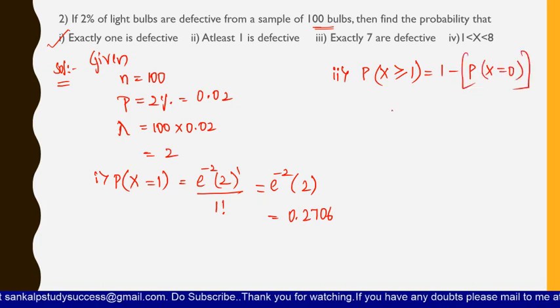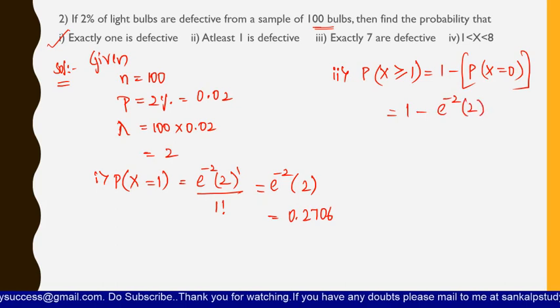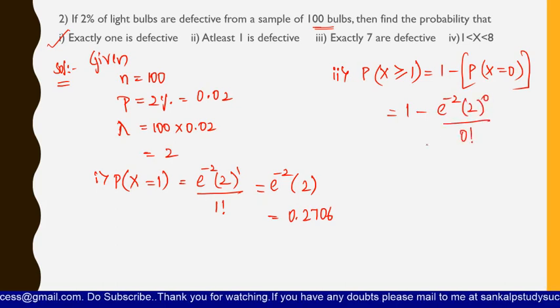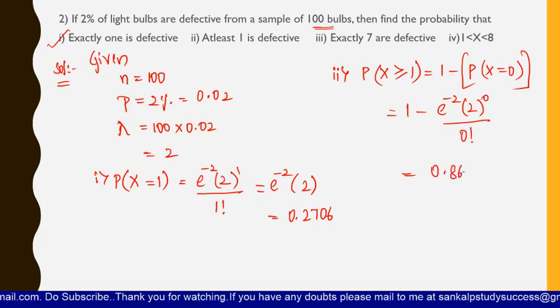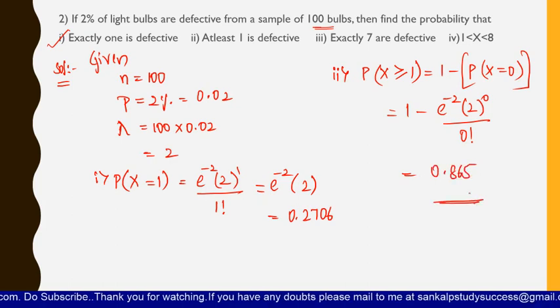So if you find that, then you will get at least one is defective. That means 1 minus e power minus lambda into lambda power 0 by 0 factorial. So you will get the value as 0.865. So in this way you can find at least one is defective. So now we are done with the second one.